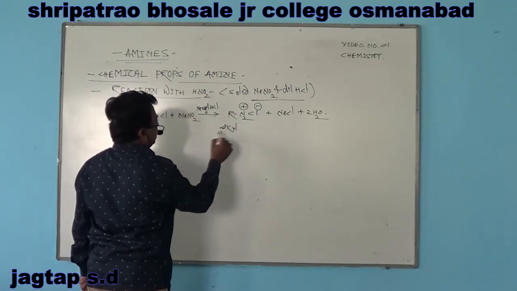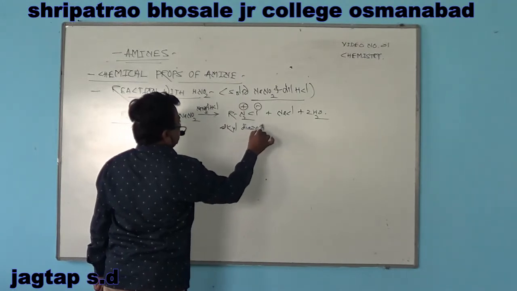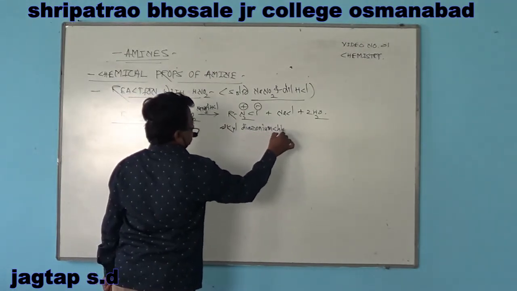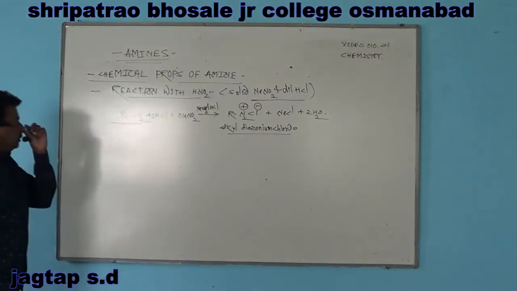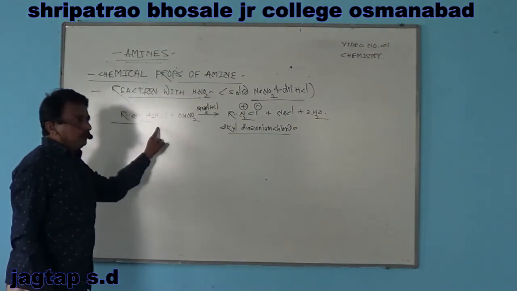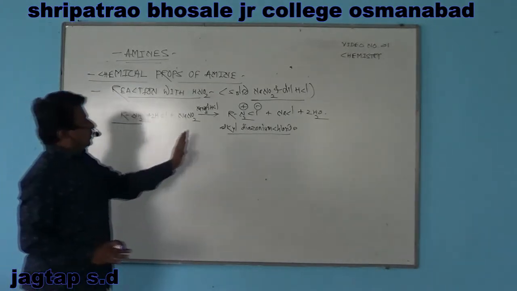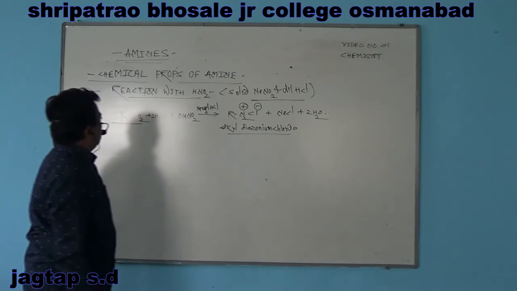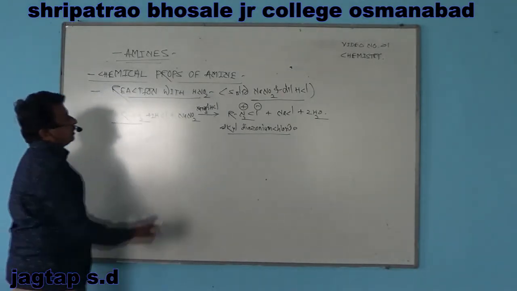The name of the salt is alkyl diazonium chloride. The primary amine in HCl reacts with nitrous acid to give alkyl diazonium chloride along with NaCl, sodium chloride, and water molecules.